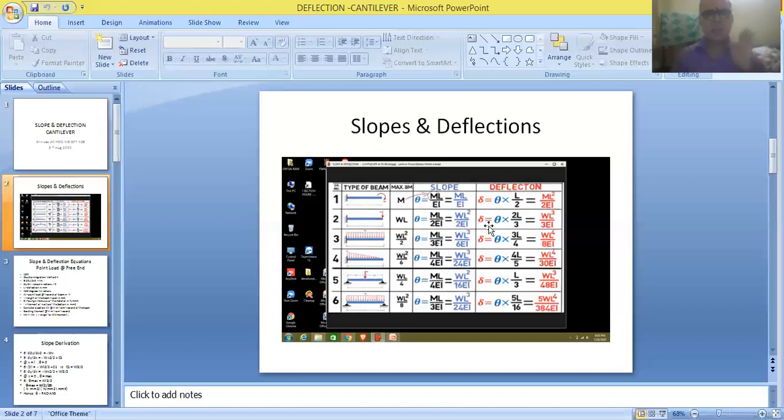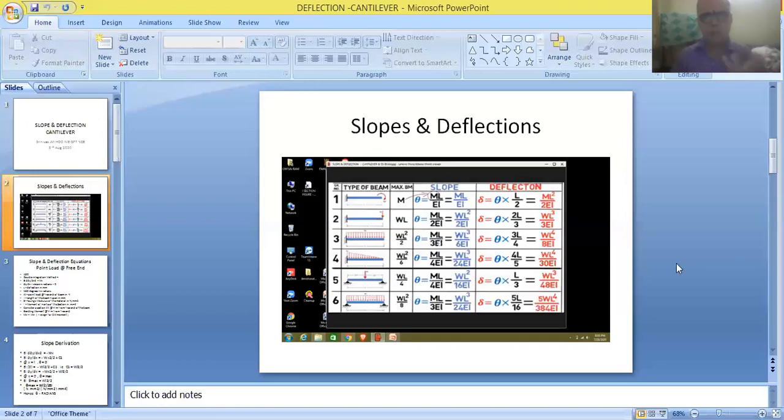So friends, these formulas are to be used in the case of point loads acting on cantilevers, and these formulas for uniformly distributed loads acting on cantilevers.